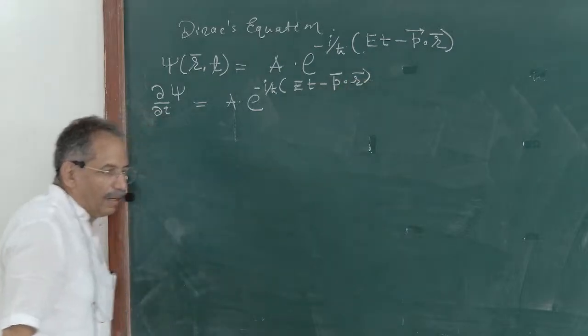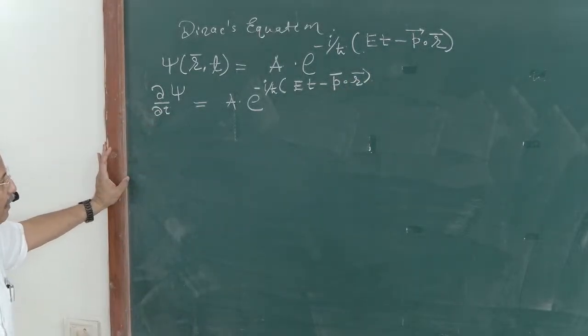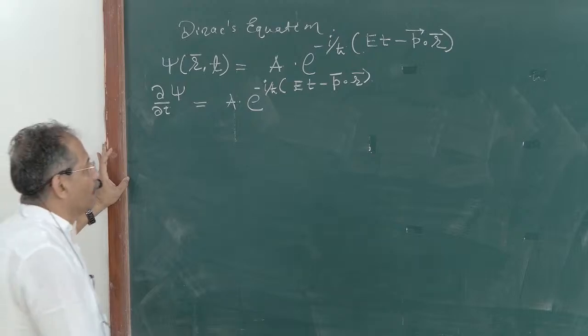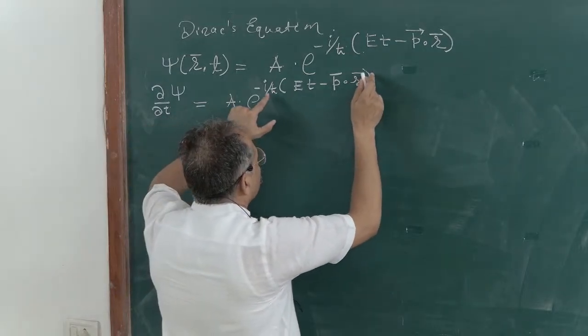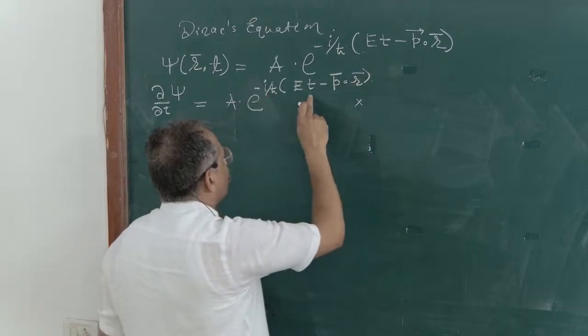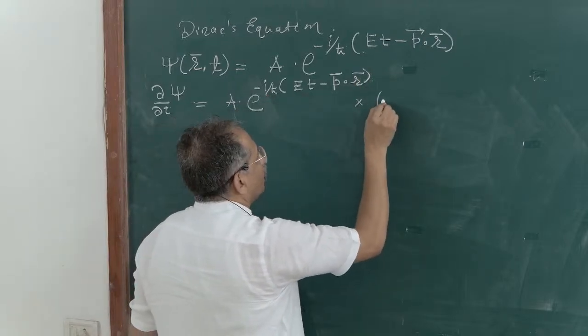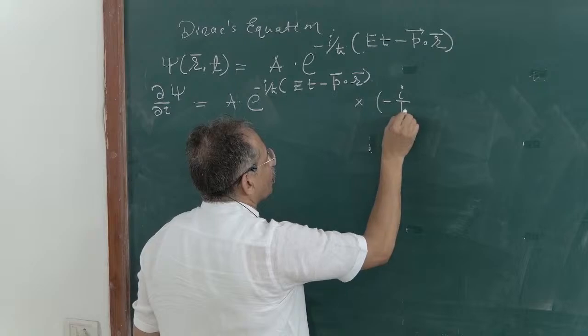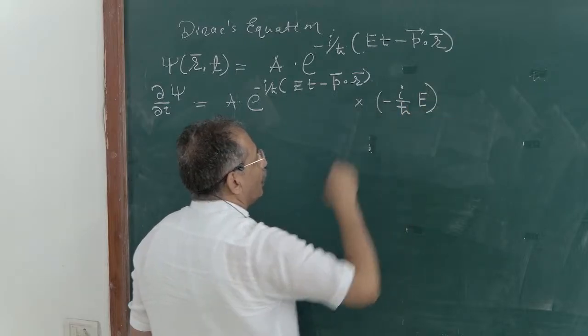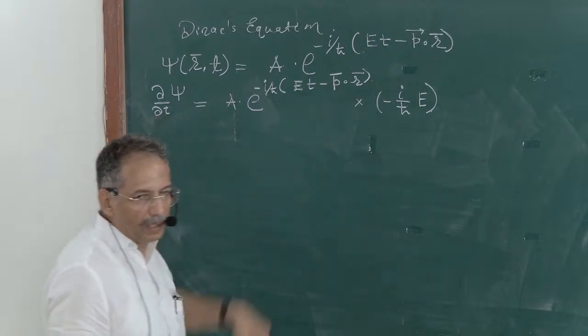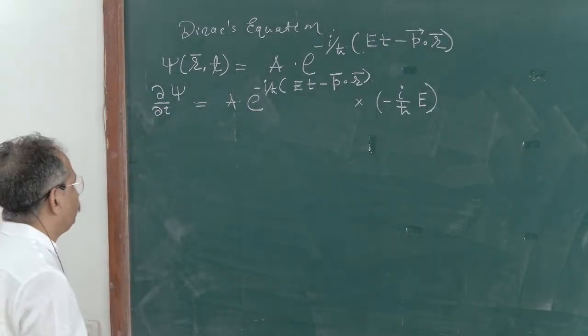So e to the power function's derivative will be e to the power function times derivative of the function. So here it will be multiplied by the derivative of exponent with respect to time, and that will be minus i upon h cross into E. Derivative of t with respect to t will be unity.